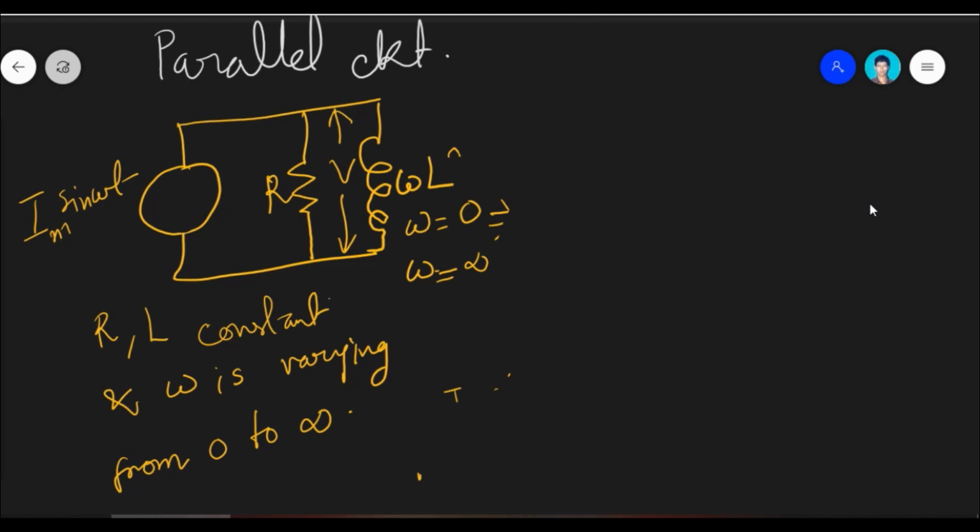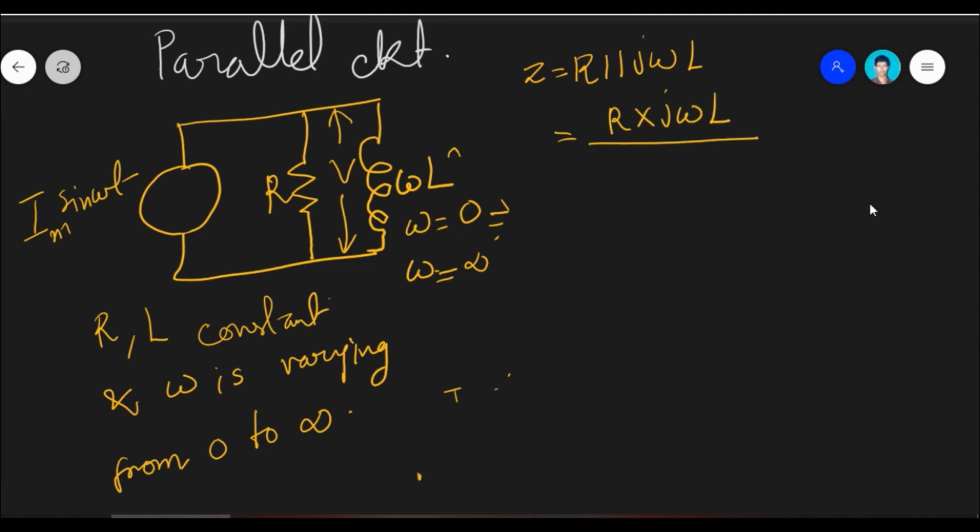In the parallel circuit, if you apply the conventional formula, how do you calculate impedance? Z is equal to R parallel j omega L. Then this will make everything very clumsy.